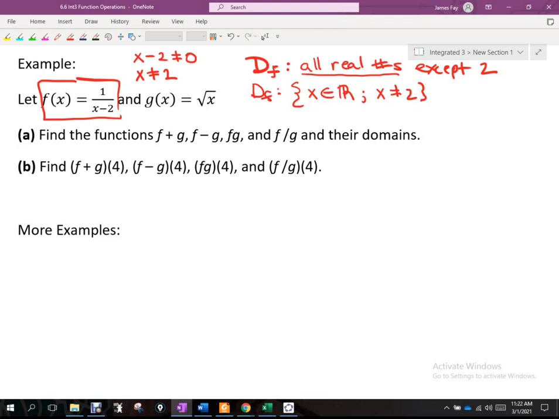Okay? If I look at g of x, okay, g of x, so the domain, I'll do this in a different color.